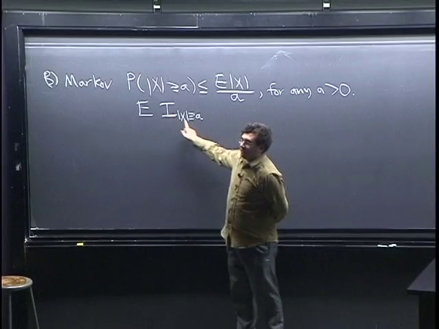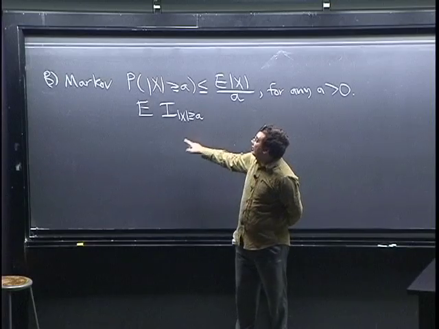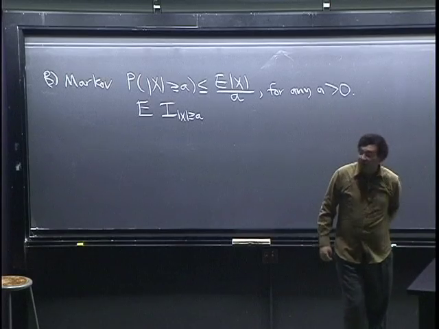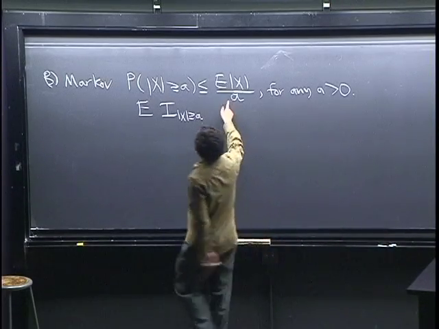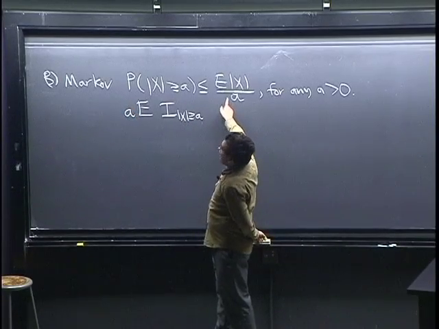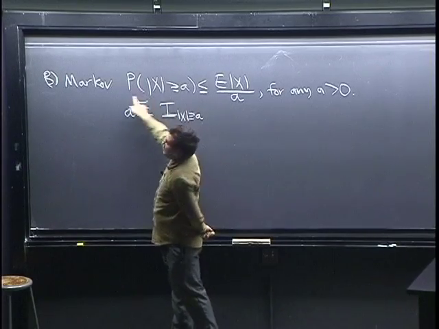I'm just using this as notation for 1 if this event occurs, 0 otherwise. That's the same thing as this, by the fundamental bridge. And let's multiply by a. I'm thinking of the same inequality, but with an a on the left, so I'm rewriting the left-hand side, except putting the a over there.